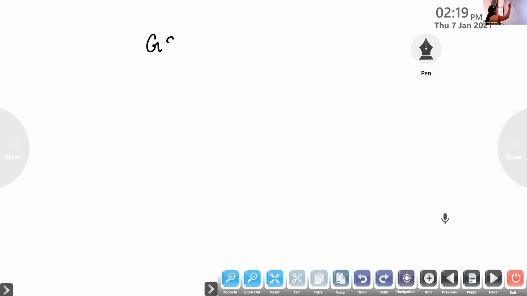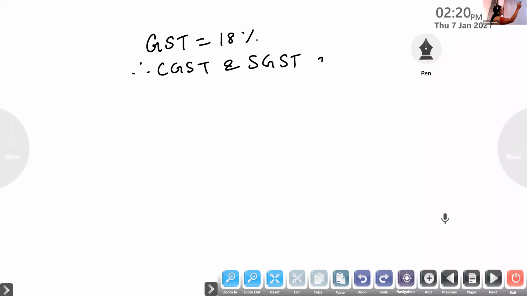So here, the GST rate is given as 18%. Therefore, the CGST and SGST will be calculated at the rate of 9%, isn't it? If GST is 18% and the sale is intrastate, then CGST and SGST will be 9%. Now look at the question.